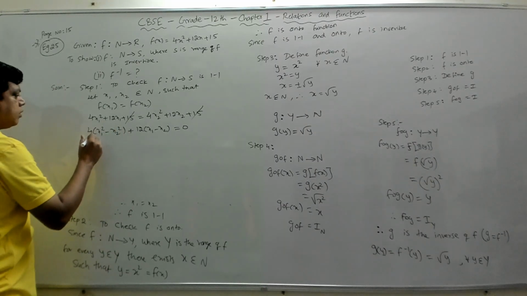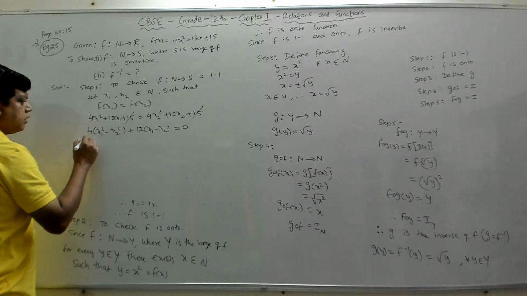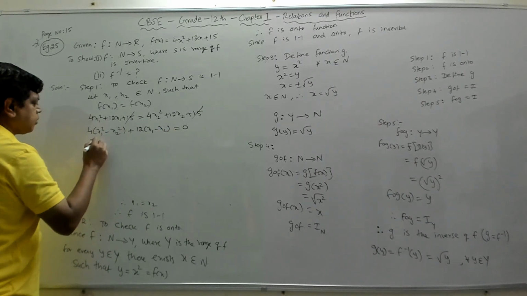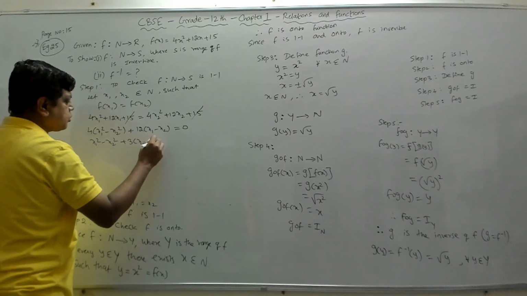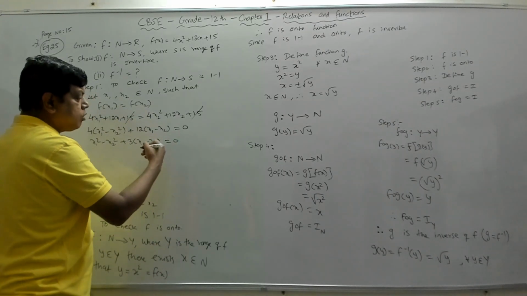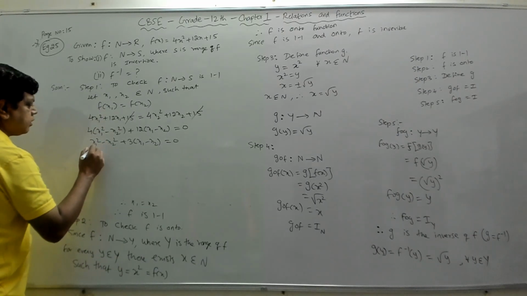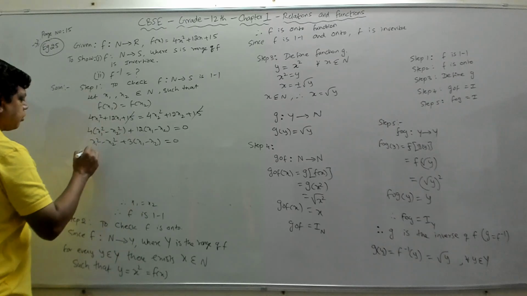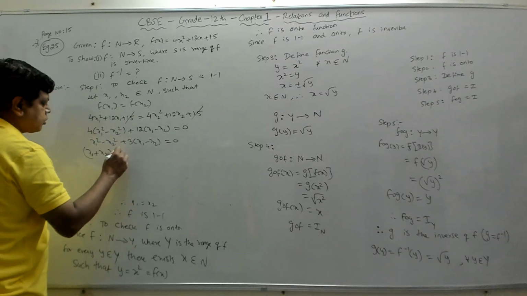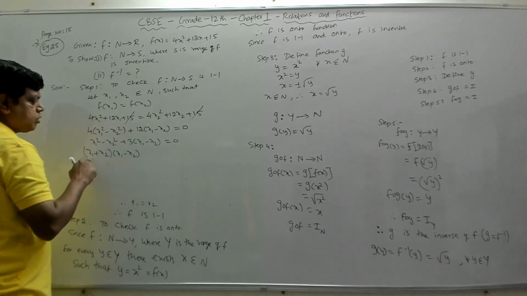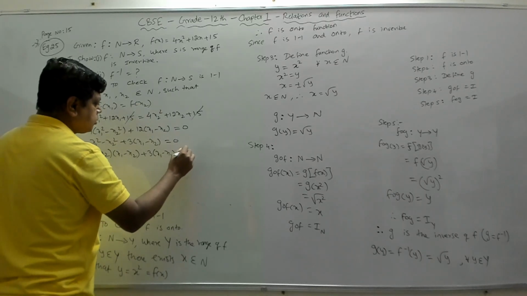Now here we can cancel throughout by 4. If you cancel throughout by 4, you will get x1 square minus x2 square plus 3x1 minus x2 equal to 0. So we have to show finally x1 equal to x2. So now we will write this as x1 plus x2 into x1 minus x2, because a square minus b square is a plus b into a minus b, plus 3 into x1 minus x2 equal to 0.